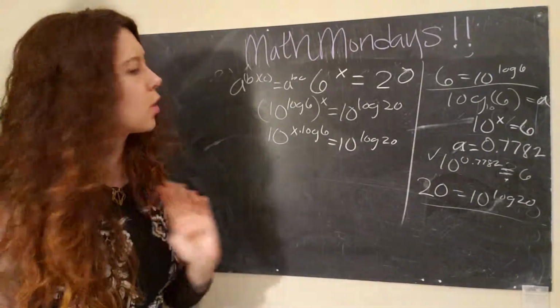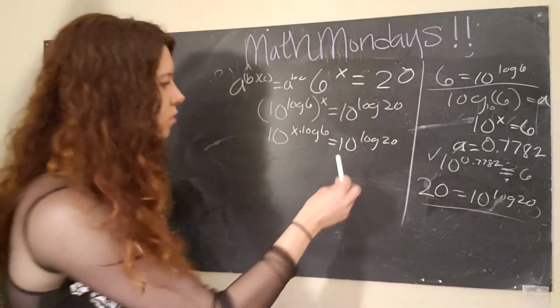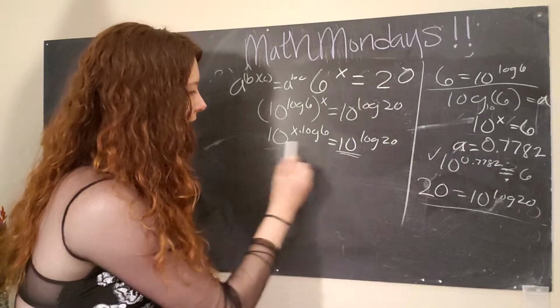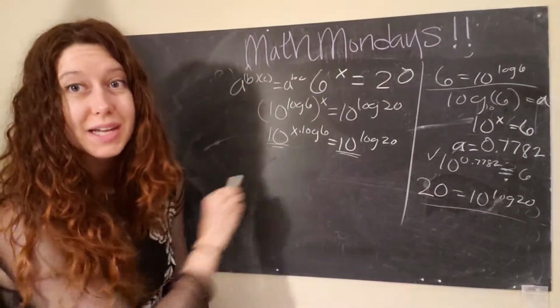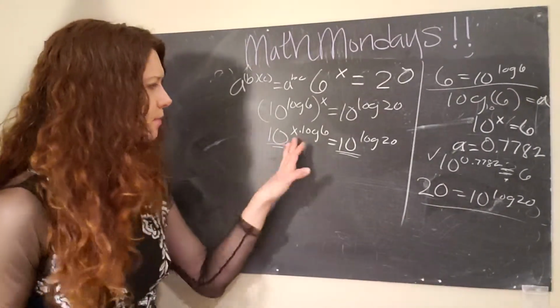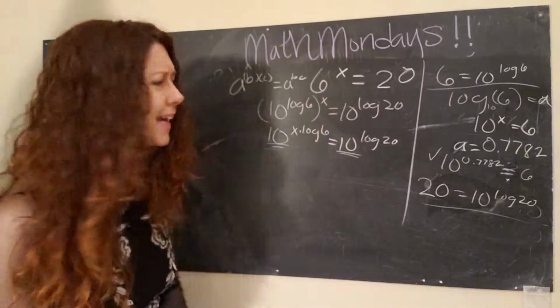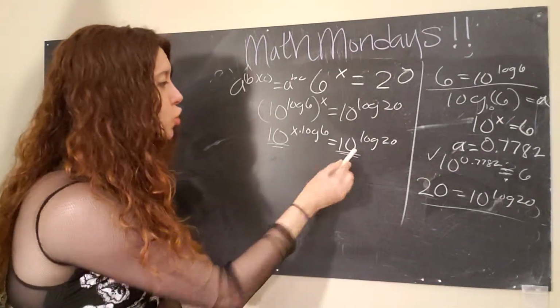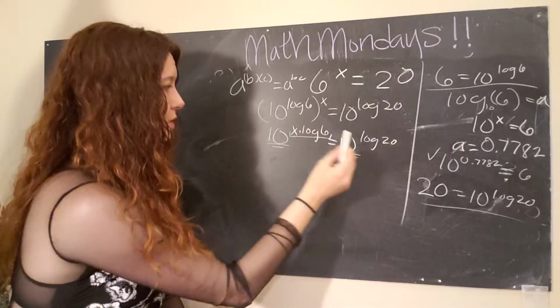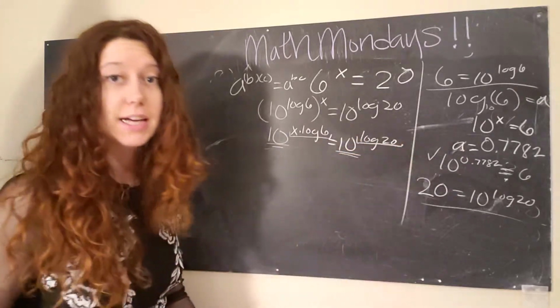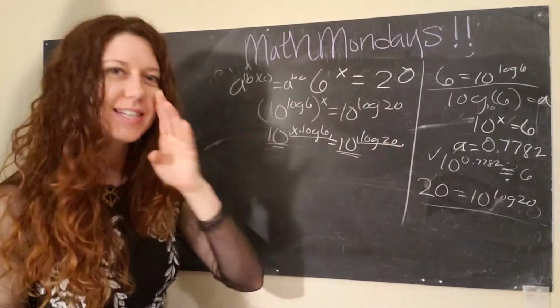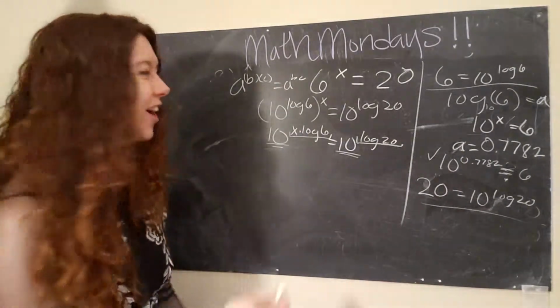Yup, that's cool. Okay, so now we have the same base on both sides of our equation. And so we're like, hey, wait a second. For this equation to be true, this exponent must equal this exponent. Okay, now we're getting somewhere.